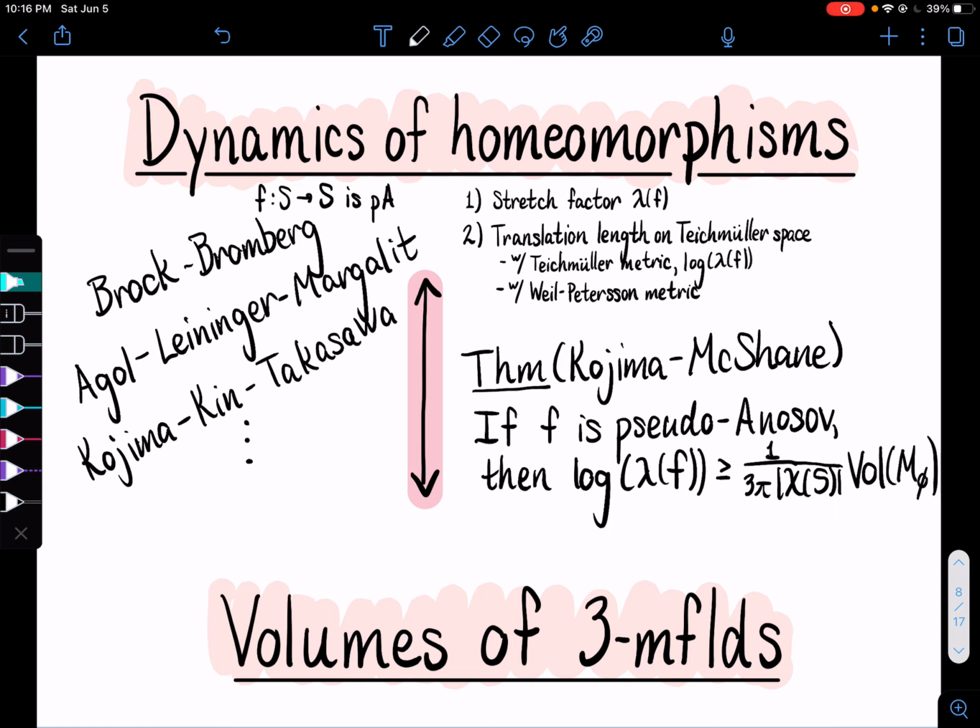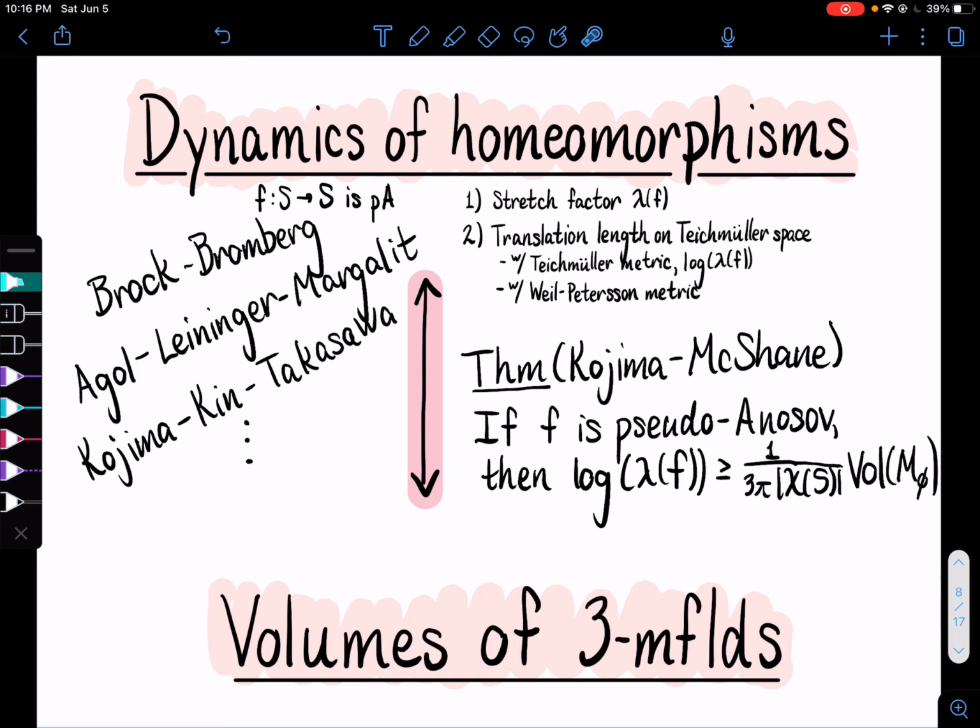And so here I'm able to give an upper bound on this scaled volume in terms of this dynamical property of my homeomorphism. Okay, so that's the direction I want to go for the next chunk of my talk, to try to dig more into this type of relationship.